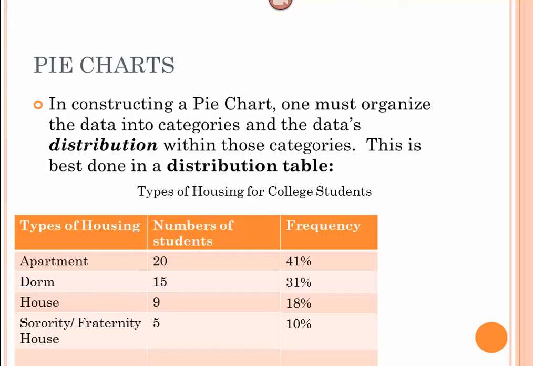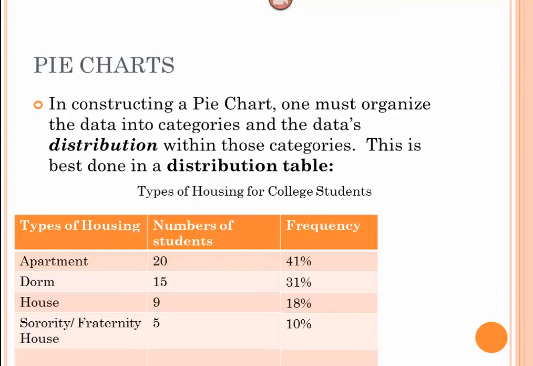If 20 fell into apartments and there were 100 students, that would be a very small percentage. It would only be 20%, right? And so what the percentage does is, within one number, you get an idea out of the population what chunk of the pie fell into that category.